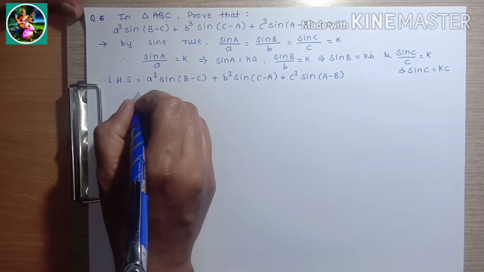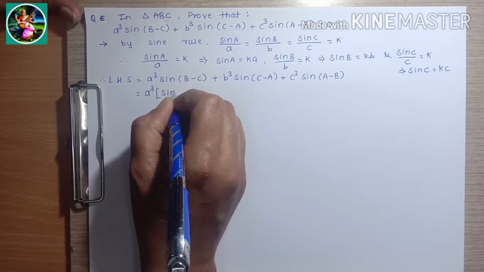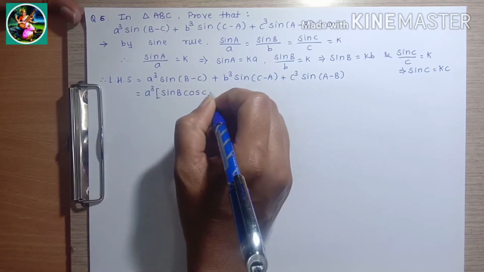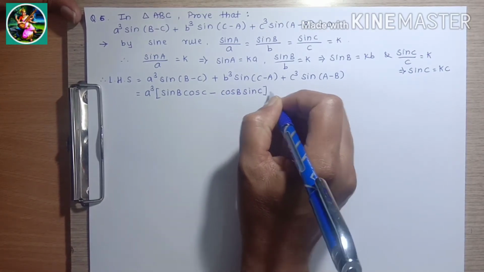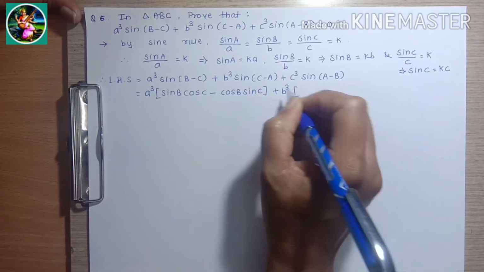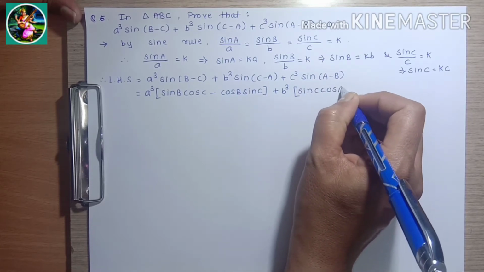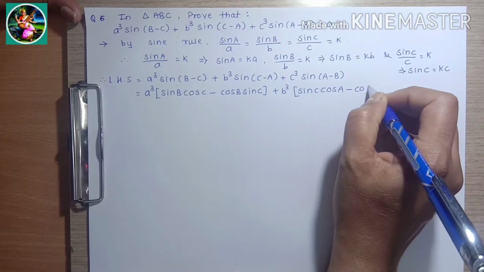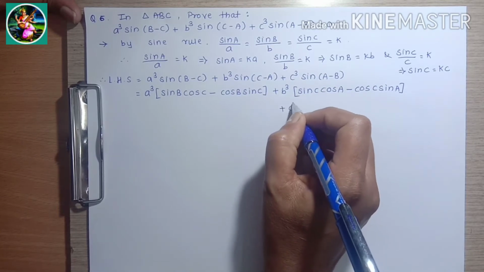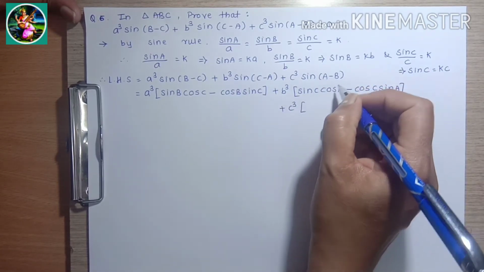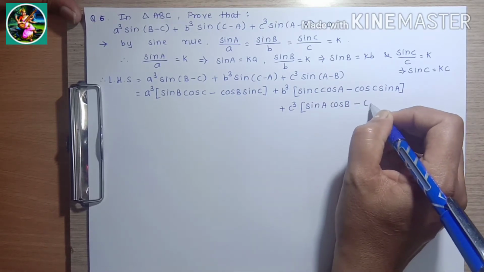We use the formula: a cube into bracket, sine of b minus c becomes sin b cos c minus cos b sin c, plus b cube into bracket, sine of c minus a becomes sin c cos a minus cos c sin a, and plus c cube into bracket, sine of a minus b becomes sin a cos b minus cos a sin b.